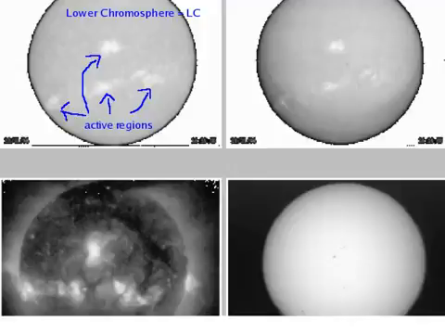Actually, if you look over to the upper right, to the upper chromosphere, you can sort of see the active regions in the same place. So it has a plage right here. I've got to switch it back to the pen.